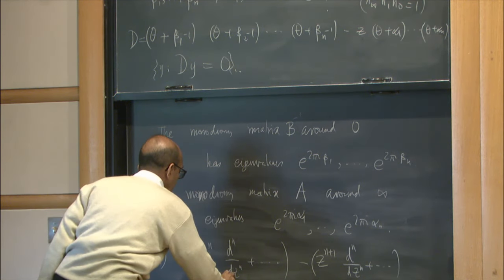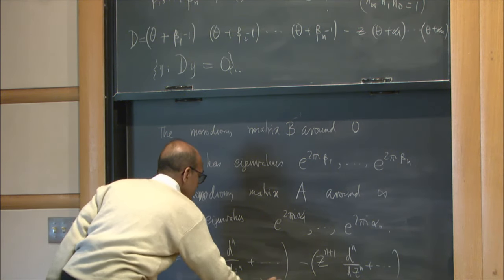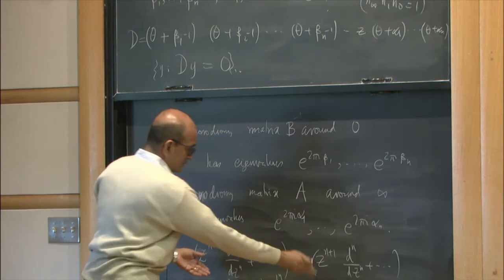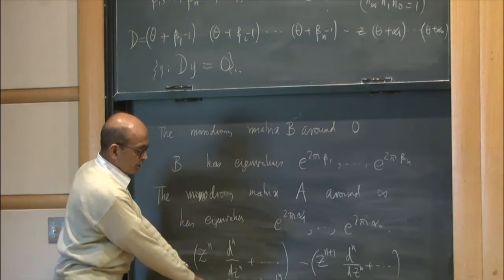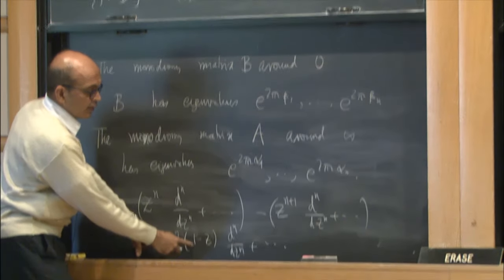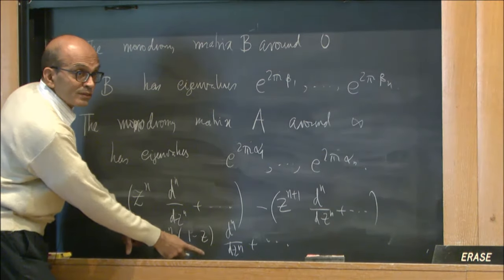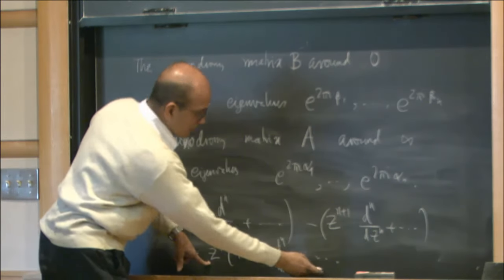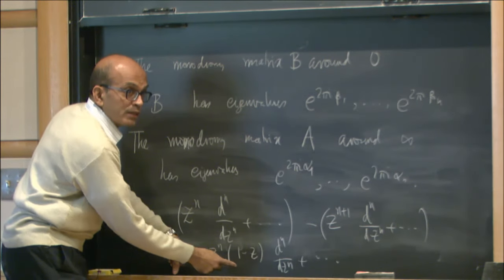So this is z to the n times 1 minus z, plus some polynomials. So this is exactly the situation for monodromy around 1, that almost all solutions are holomorphic at 0, because all the coefficients will have at most a simple pole at z equal to 1.